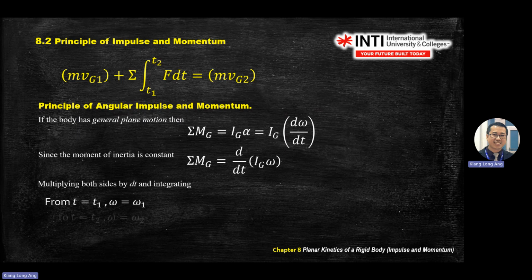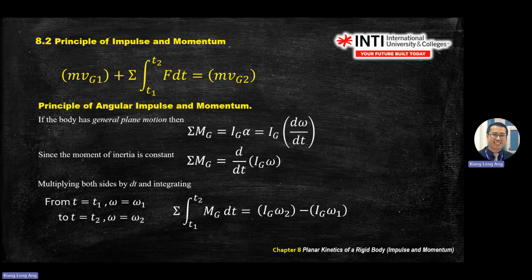When you rearrange the equation, it becomes an integration form. So the integral of M dt over time equals I omega 2 minus I omega 1.